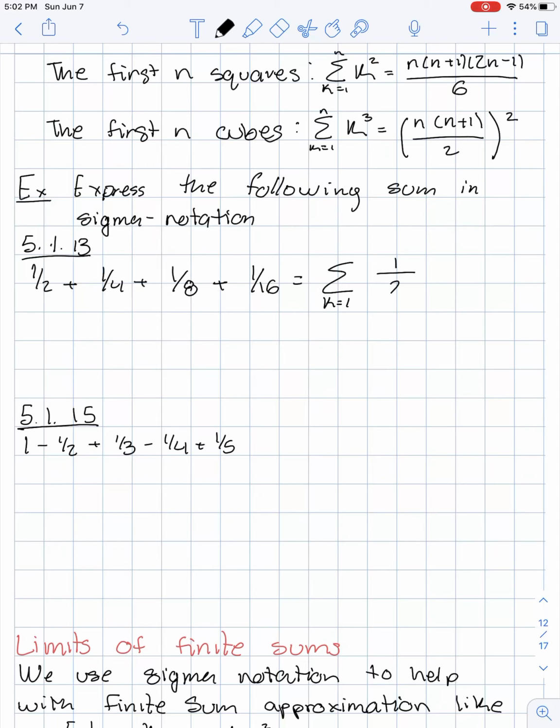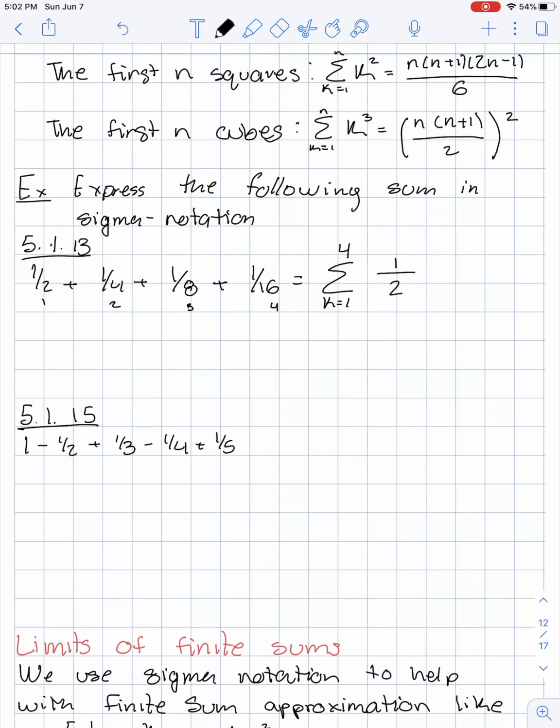So let's do 1 over 2 times k. Since I'm starting at 1, I'm going to have 1, 2, 3, and 4. So I'll stop at 4. And I'll see that I'll get 1/2 plus 1/4 plus 1/6. 2 times 3. Well, that's not it. All right, scratch that off.